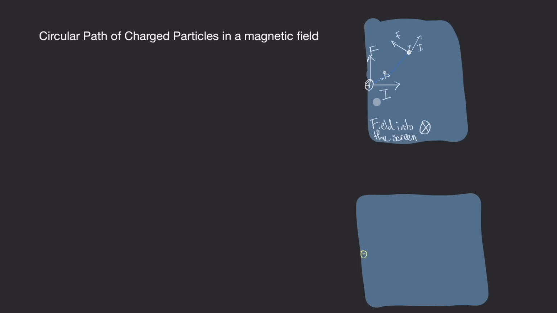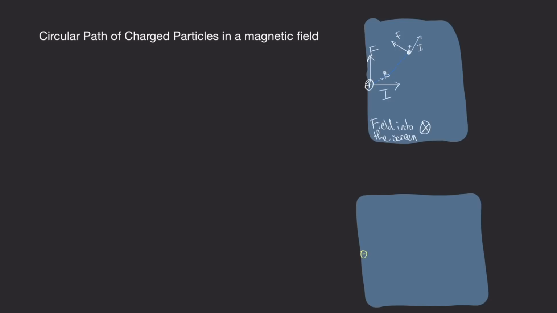By Fleming's left-hand rule, remember FBI, I've kind of tried to draw it in 3D, the force will be upwards. So the particle will start curving upwards. As it starts curving upwards though, the force will remain perpendicular to the direction of motion, and this is the recipe for motion in a circle. So they're going to follow a circular path.